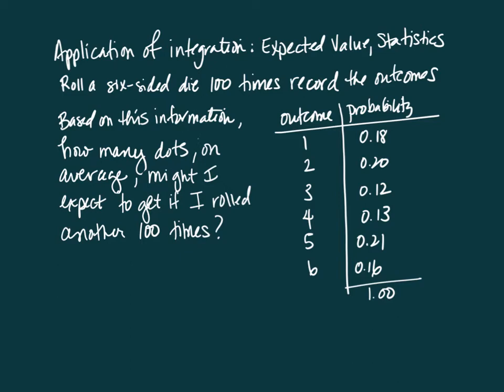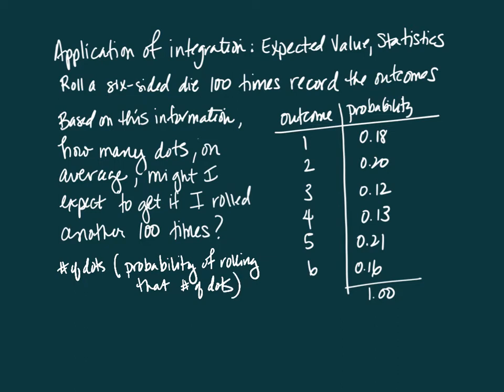This is actually quite an easy computation to do, if a little bit tedious. We basically take the number of dots and multiply by the probability of getting that number of dots. I do this for each of my possible outcomes and add that all up.